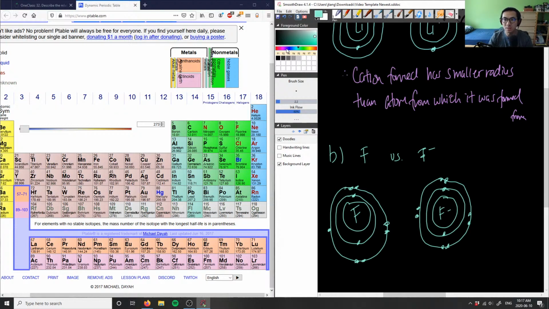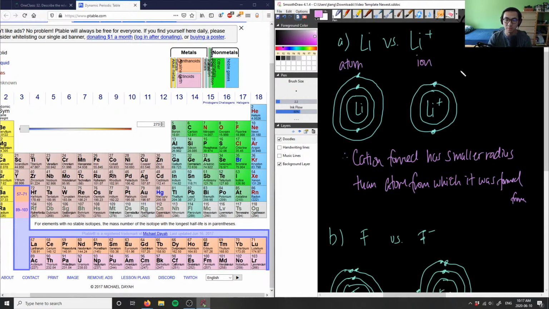Now this one is a little bit harder to see, but which one has a smaller radius, or which one would have a bigger radius? In this case, the anion formed. So let me backtrack here. For cations, we know that they form a smaller radius than the atom because I'm basically losing a shell.